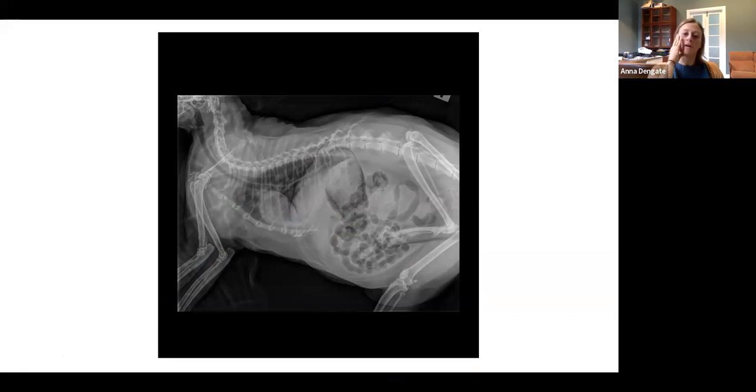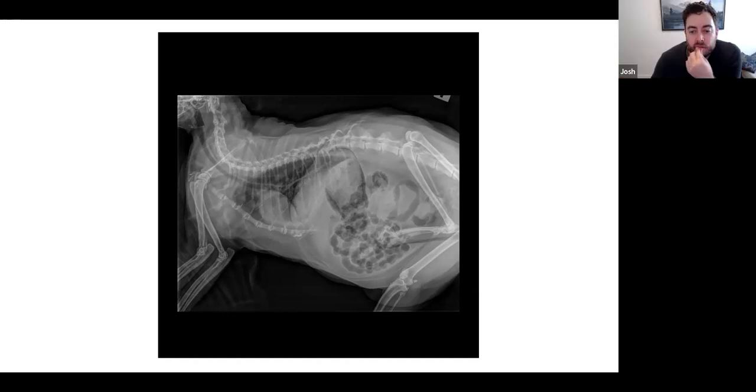Okay, so this cat presents with weight loss, ravenous appetite, PUPD, and vomiting. What do you think about this radiograph, except we're not going to critique it? It's quite a bit of gas in the stomach and gastrointestinal tract. Yes, agreed.